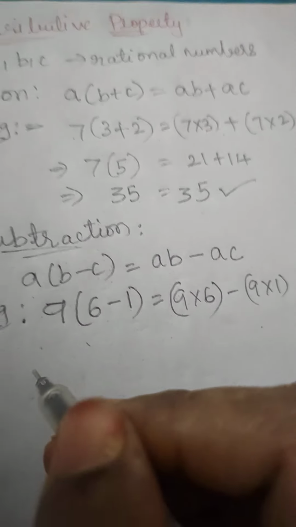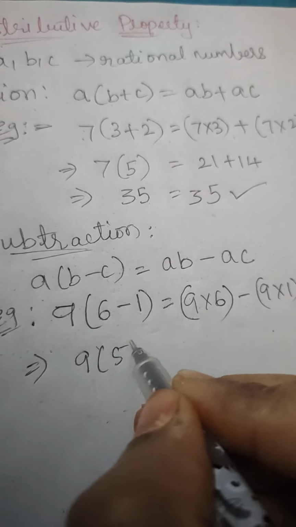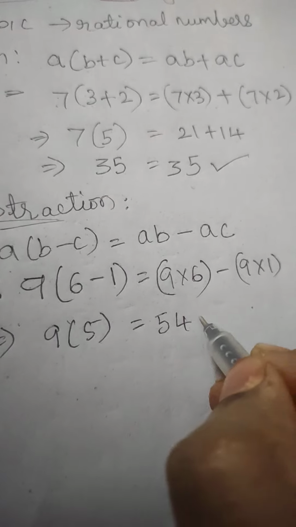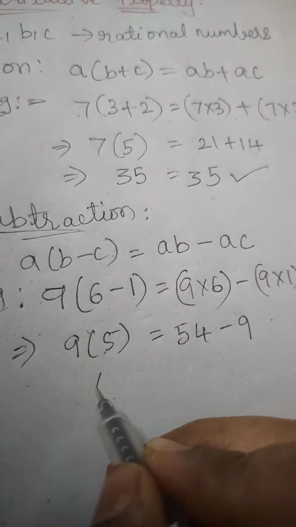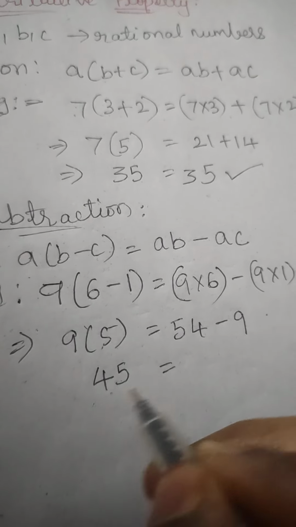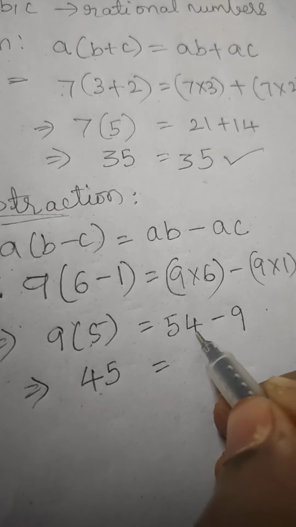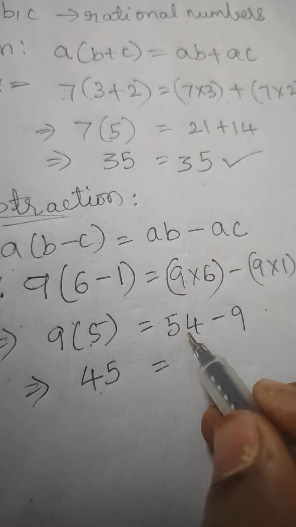Now 6 minus 1 is 5, so 9 into 5 is 45. This should be equal to 9 into 6, which is 54, minus 9 into 1, which is 9.